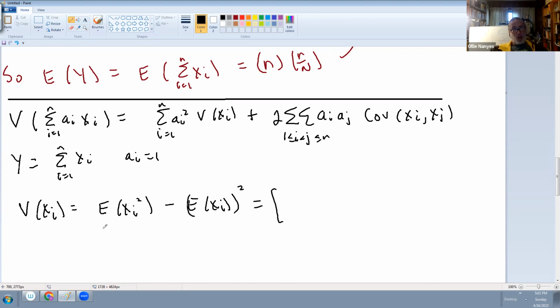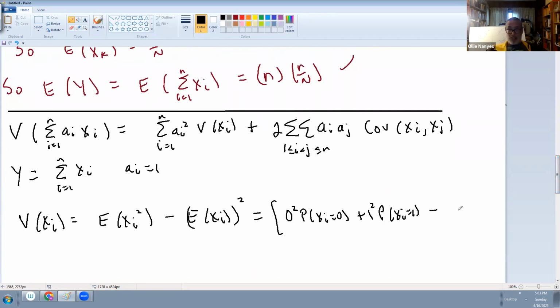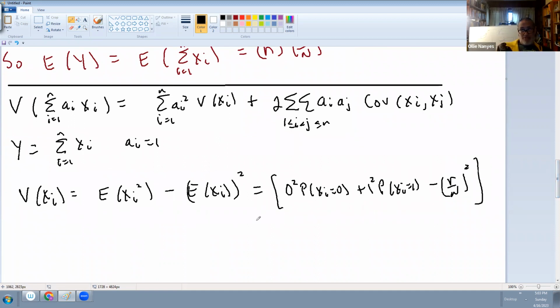And this part here I'll do formally. It's going to be 0 squared times the probability that xi is 0, plus 1 squared times the probability xi is 1, minus, well, we already know what that is from up here, r over n squared. And this is, of course, going to be r over n minus r over n squared, which we'll find convenient to write like this.